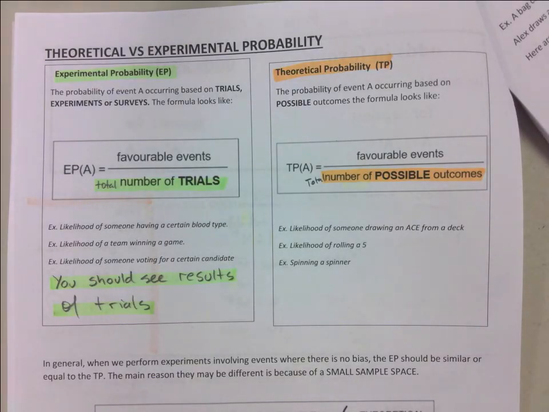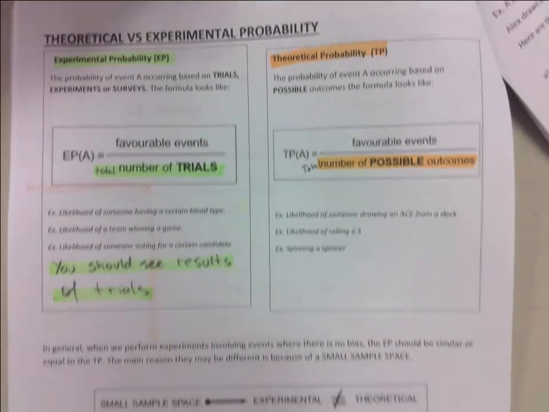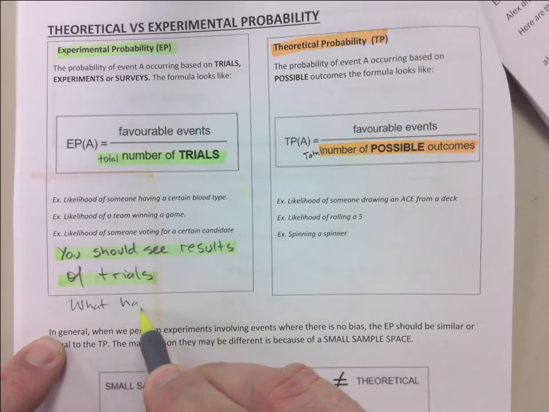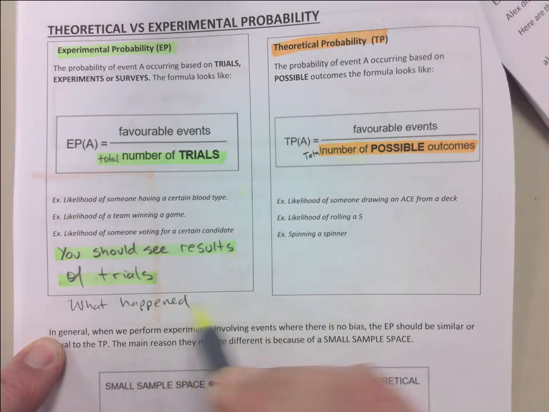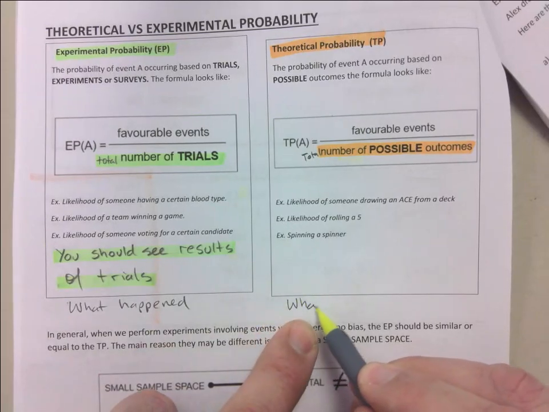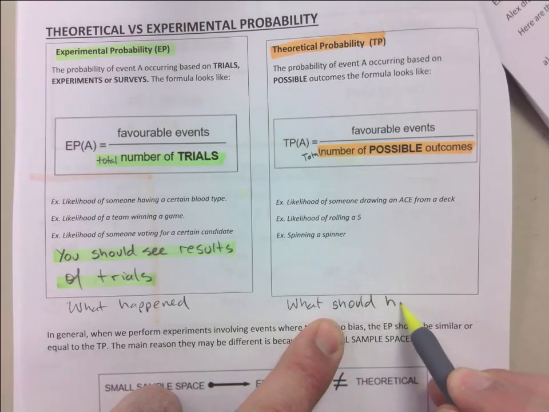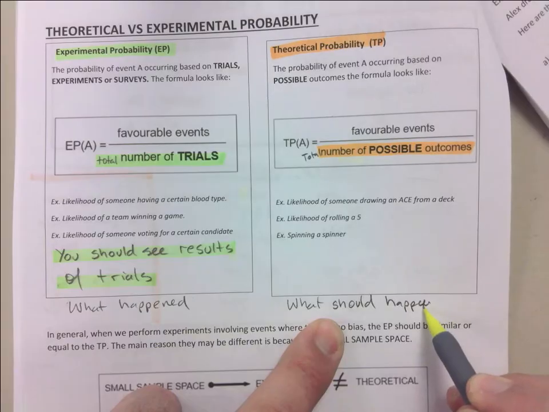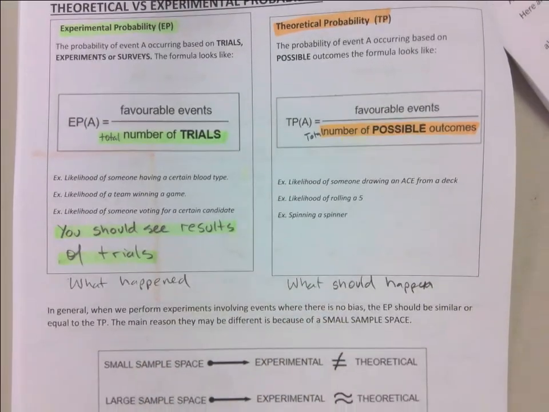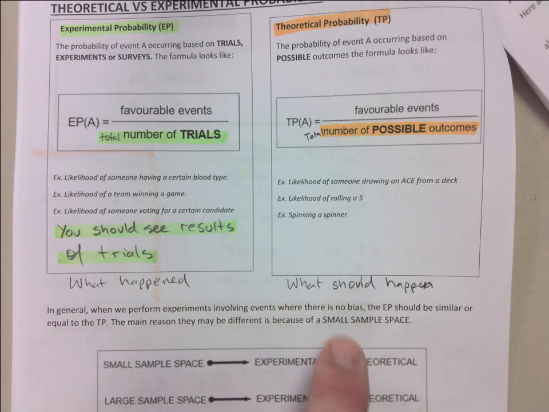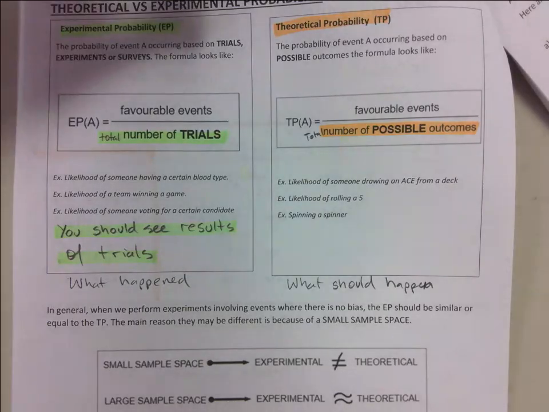Another way of thinking of this, but I don't want you to use it as a way of explaining, but this is based on what happened, and this is what should happen. So this is kind of like what actually happened, and this is what technically should be happening in the long run. Let's keep going.